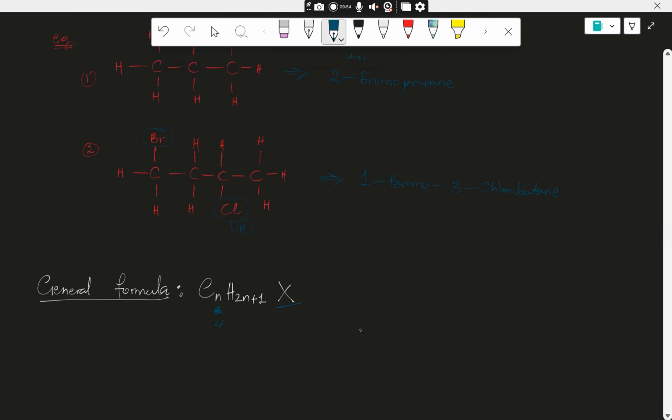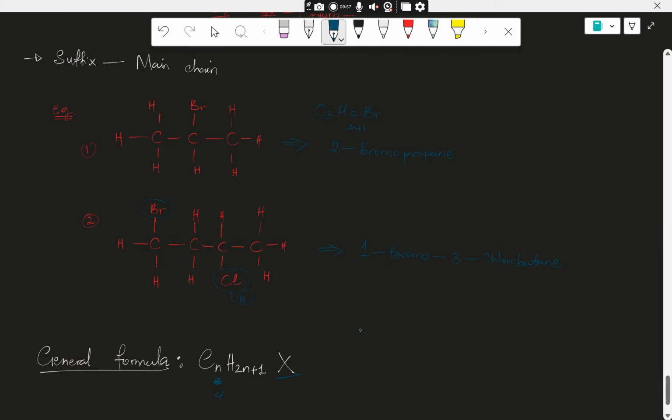So just play around with this and try to understand. If you understand the naming and the molecular structure, we'll also look at the condensed structure in the next video. Thank you very much. Bye.